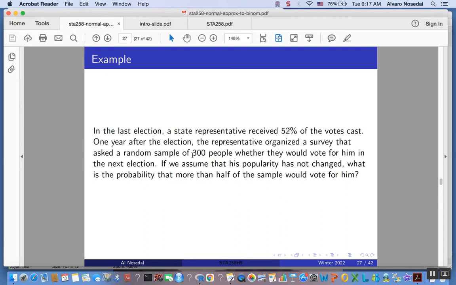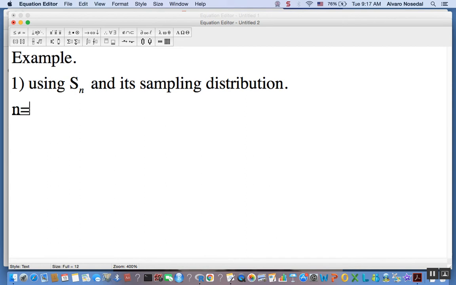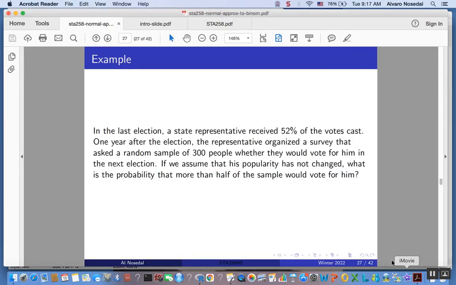First, sample size n equals 300, and p, we're assuming, is 0.52. So n equals 300 and p is 0.52. What we want is, if we assume that his popularity hasn't changed, the probability that more than half of the sample would vote for him.